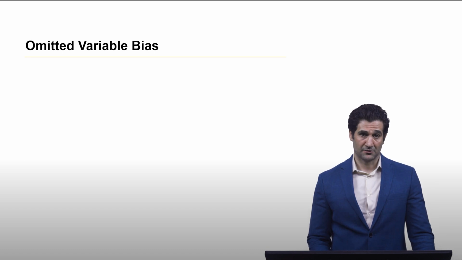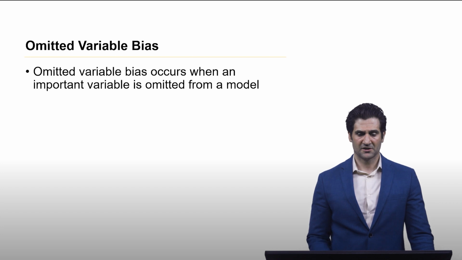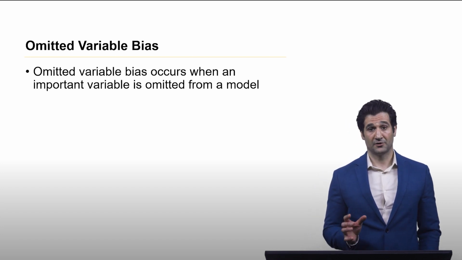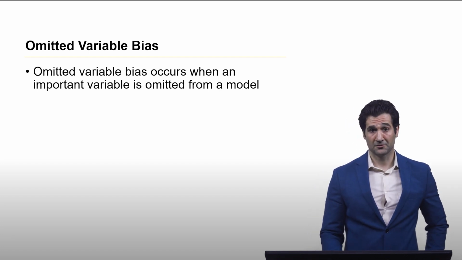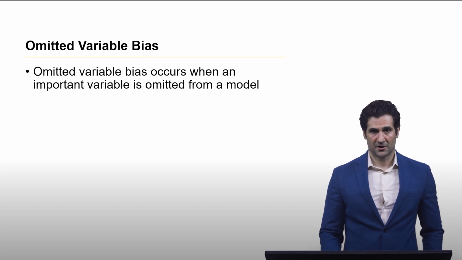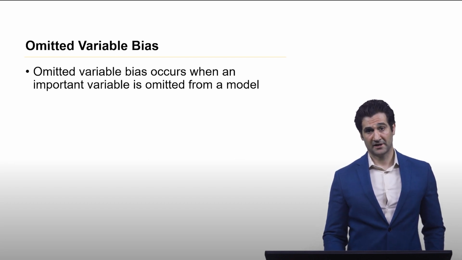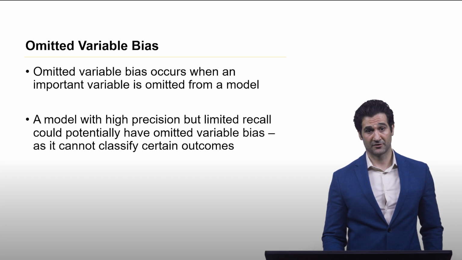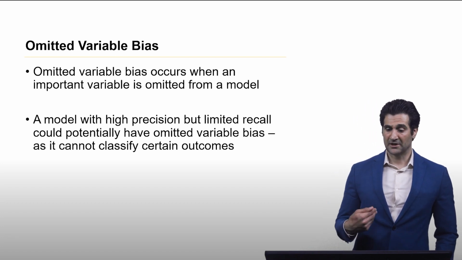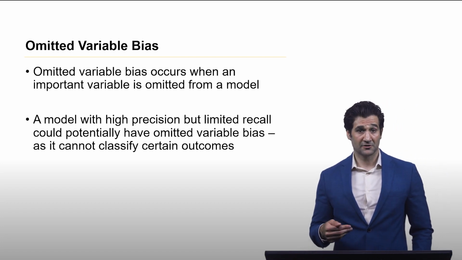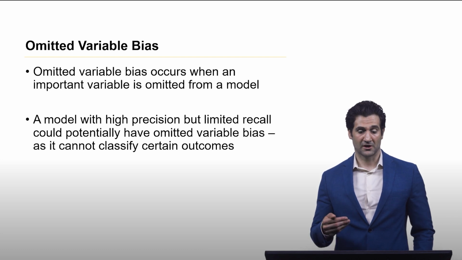Next type of bias we will discuss is omitted variable bias, and this occurs when an important variable is simply not present in a model. Now this one could be very tricky because sometimes you just might not have access to certain types of information. But it's important to get an understanding of what this looks like.